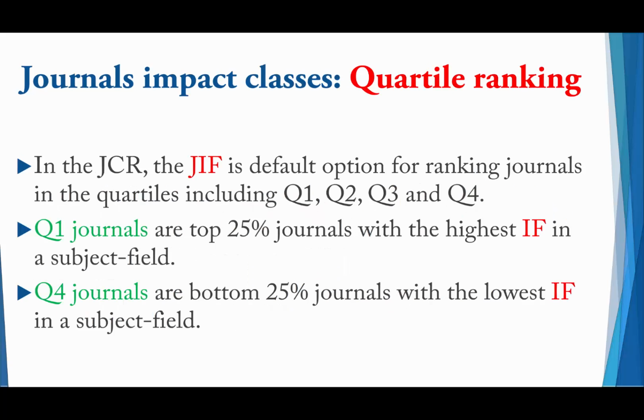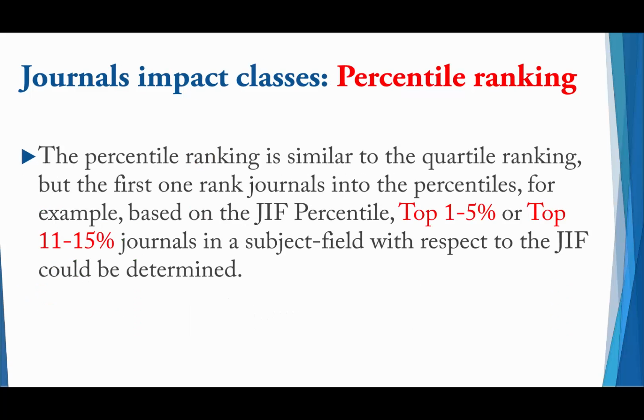In the JCR, the journals are divided into different quartiles and percentiles based on their impact. In quartile ranking, the top 25% of journals with the highest impact are categorized as Q1 journals, while the bottom 25% of journals with the lowest impact are categorized as Q4 journals.